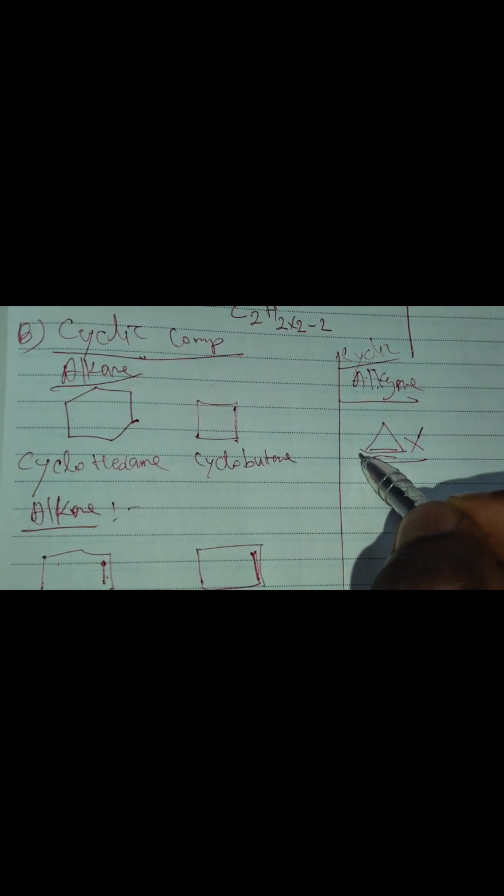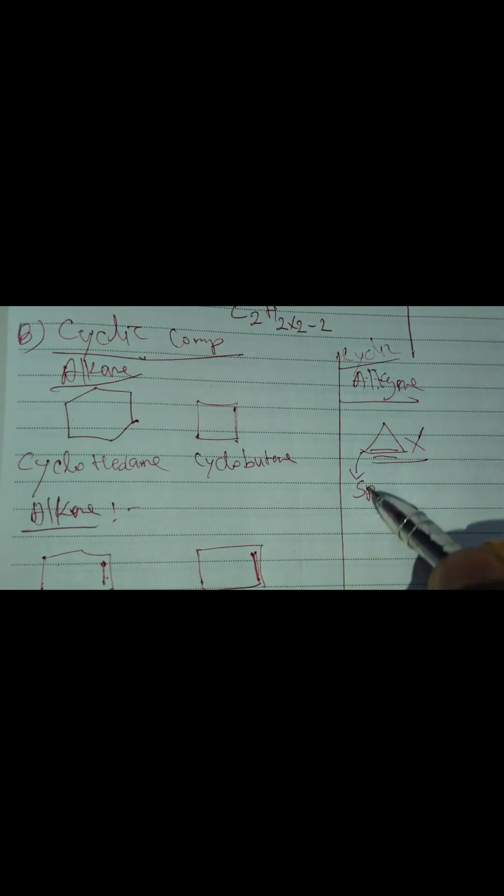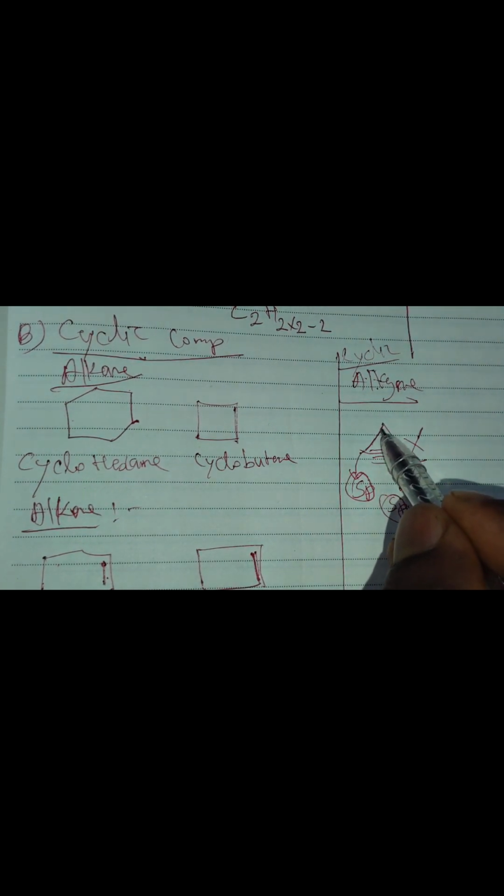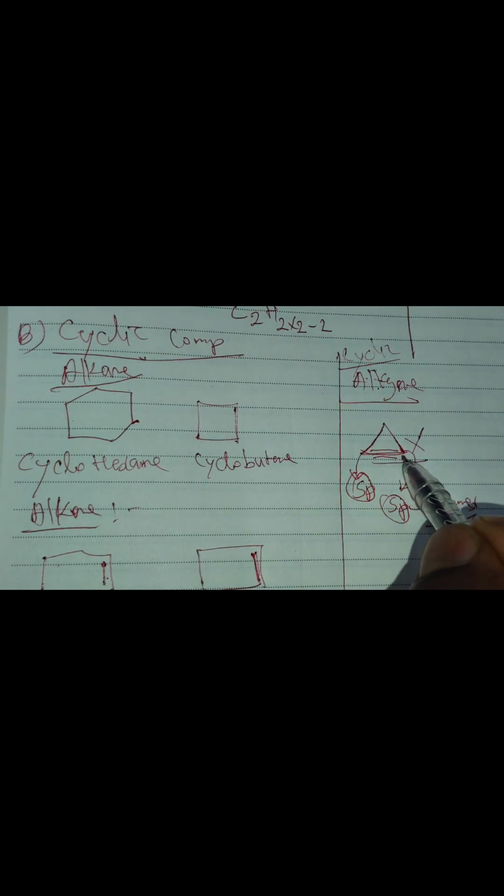Practically, think about this carbon with sp hybridization, and this carbon also has sp hybridization. Such sp hybridization means linear geometry. But in this ring it is not in linear geometry. According to sp hybridization it must be linear geometry. For that reason, it does not exist. These molecules are highly unstable.